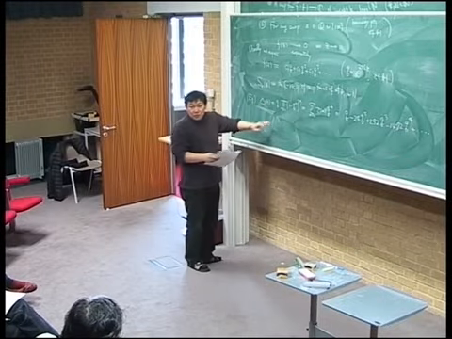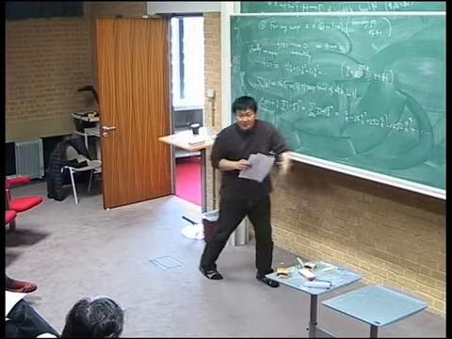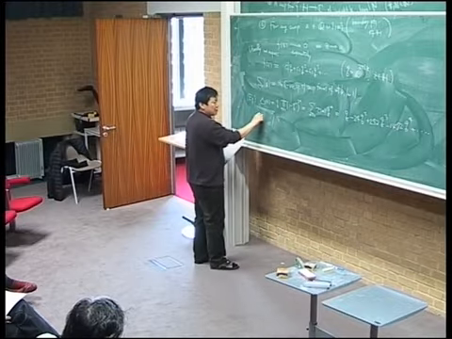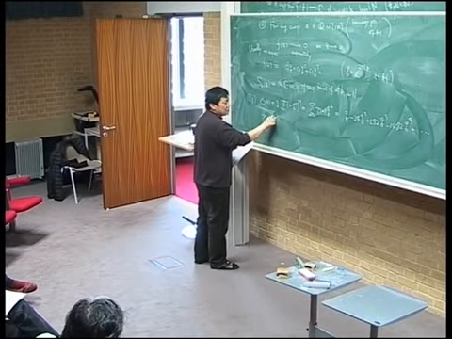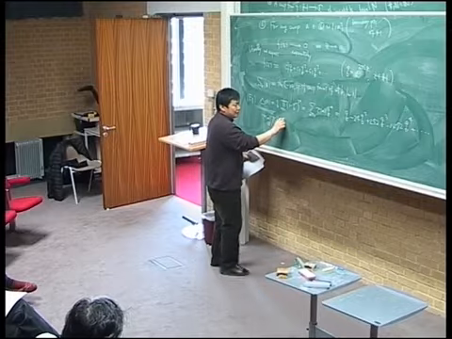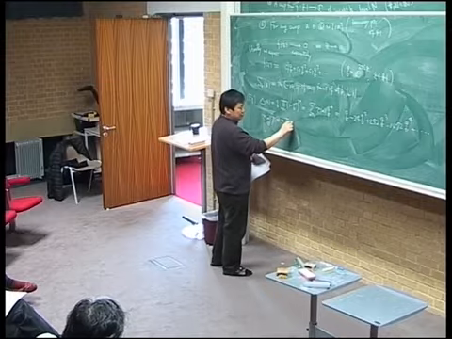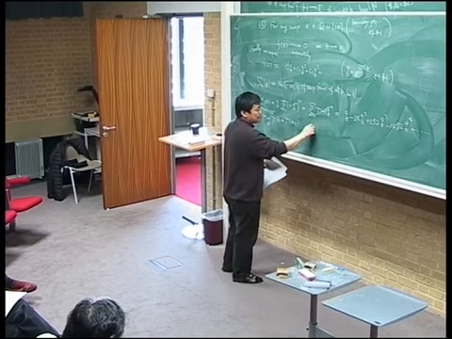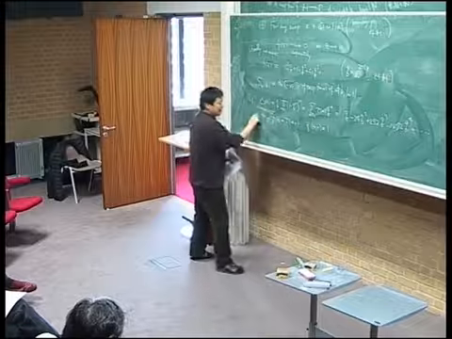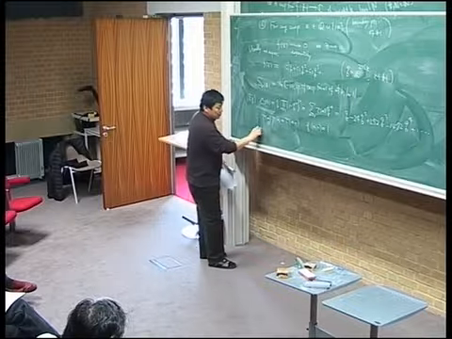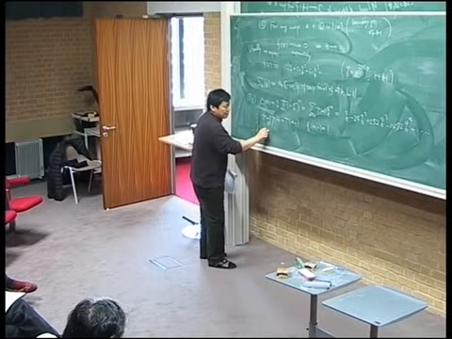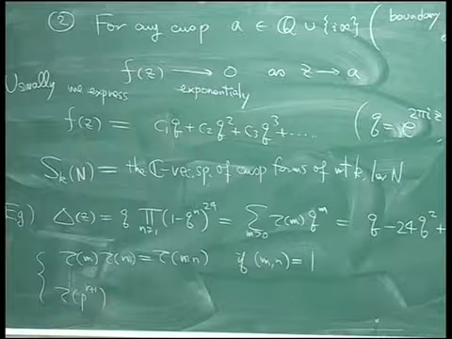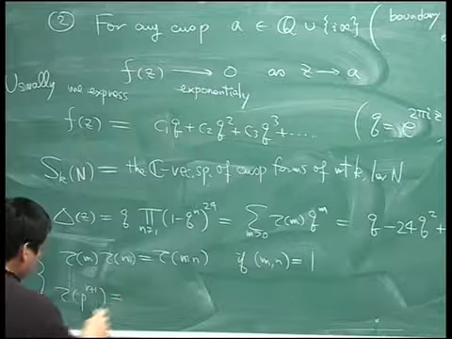One of the interesting properties of this Fourier coefficient is the following. For example, we can prove tau has a multiplicative property when m, n are coprime. And also, this type of recursive formula holds.